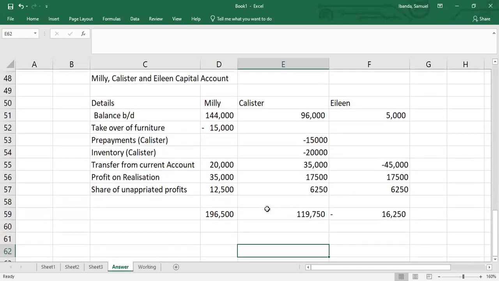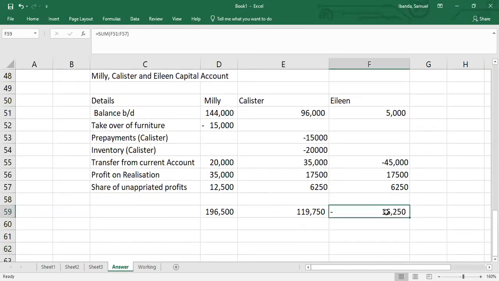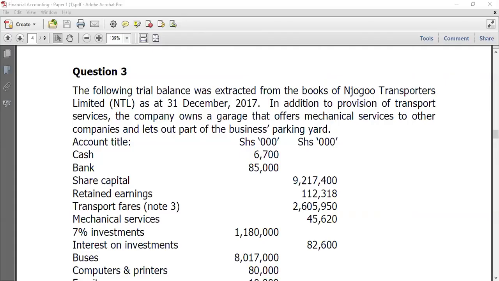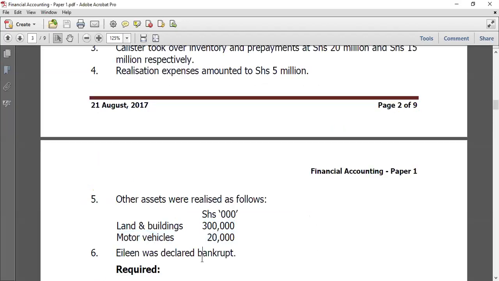So we have this Calista that has a negative 16,250. Okay. And they're telling us that from the question, if you look at the question, not this one. I think I just minimized the question. It's not this one, it is this one. Right here, it means that this lady was actually declared bankrupt.